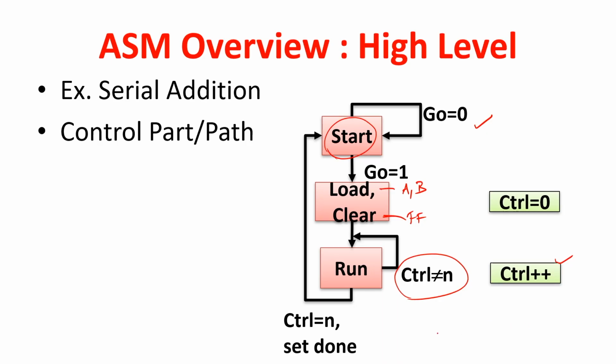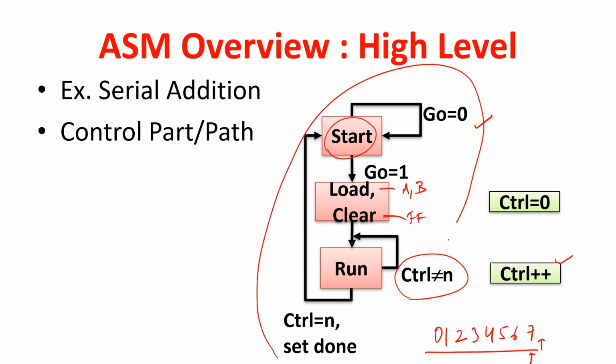So it starts with 0, 1, 2, 3, 4, 5, 6 and 7, and whenever it reaches 7, it stops. Till it is not 7, it stays in a loop. So this is for I equal to 0 to 7, for 8 times, for 8 bit data.